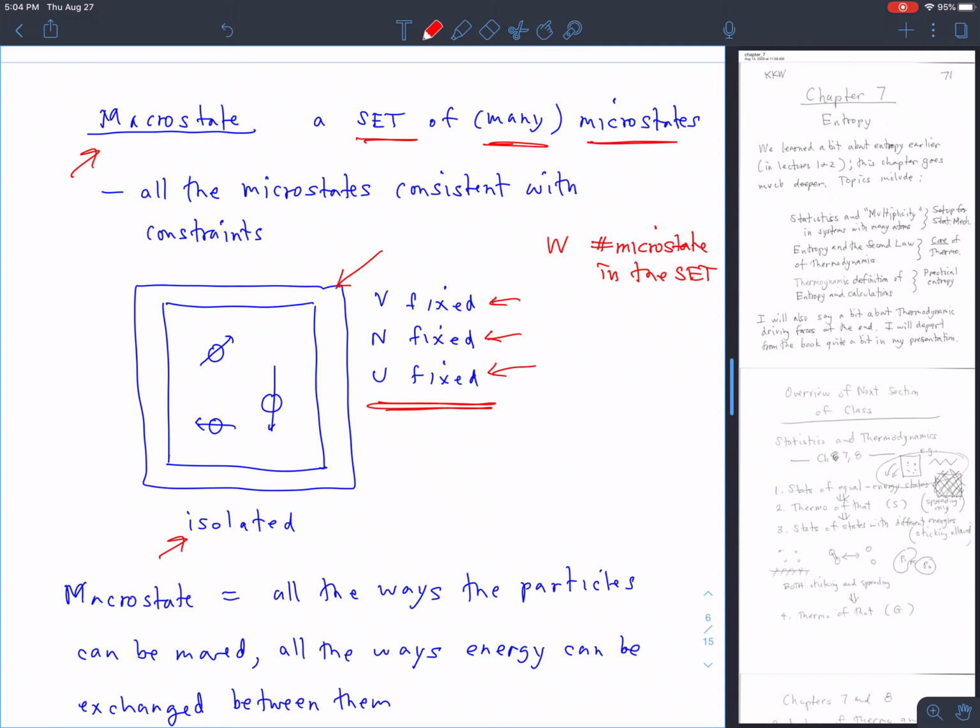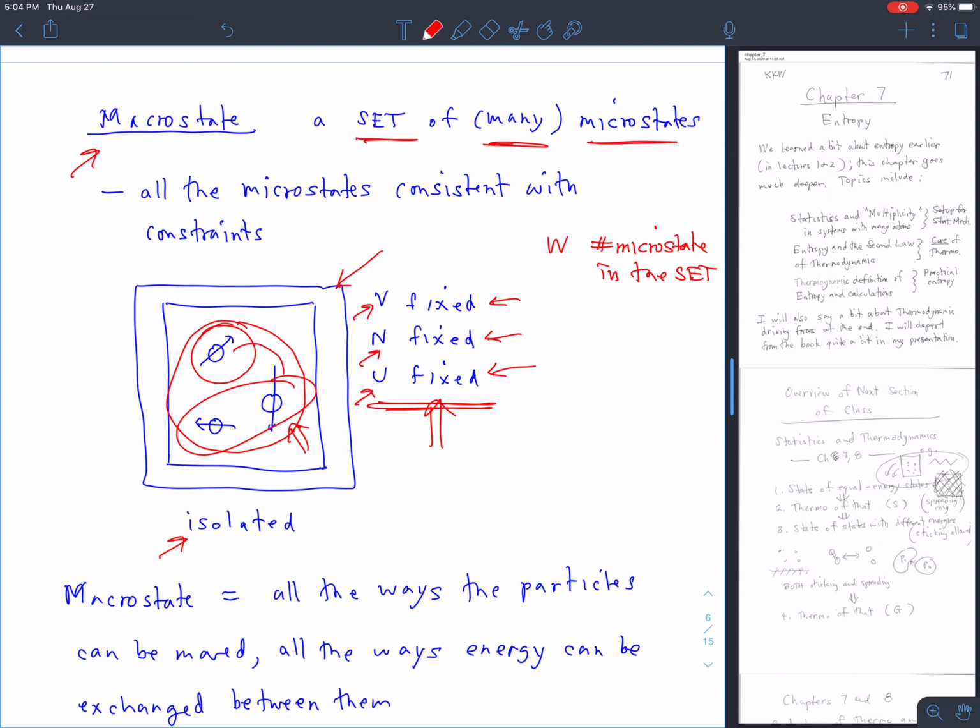That means that I can change things on the inside here, but only in ways that are consistent with these constraints. But I am free to change them in any way that's consistent with these constraints. If I move these guys anywhere inside the volume, I'm not violating that constraint. If I don't change the number of molecules, but I move them around, then I'm not violating this constraint.